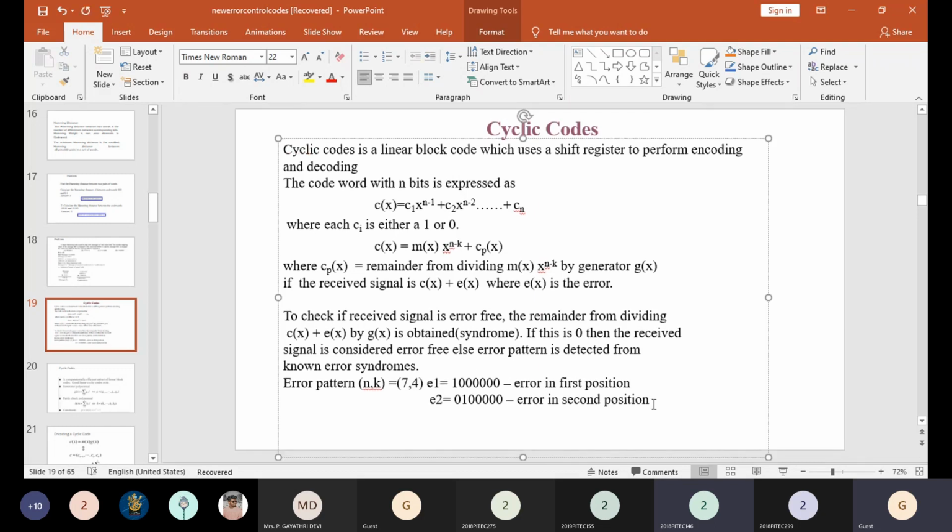E3, which we have already seen, I'm just correlating here. E3 is 0 0 1 0 0 0 0, an error in the third position.